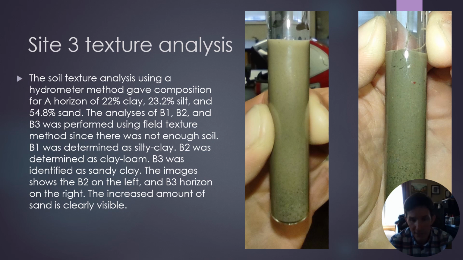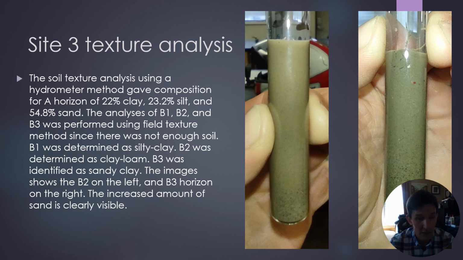The coarseness of sand is very easy to tell, and it was clearly shown using the field texture analysis method that it was very, very sandy, although we cannot give exact percentage numbers of sand.